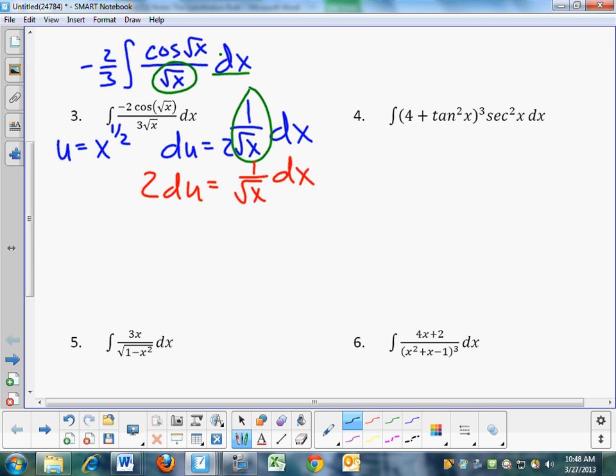I have a negative 2/3 out front times the integral of cosine of u. I just have to replace the 1 over the square root of x dx with 2 du.